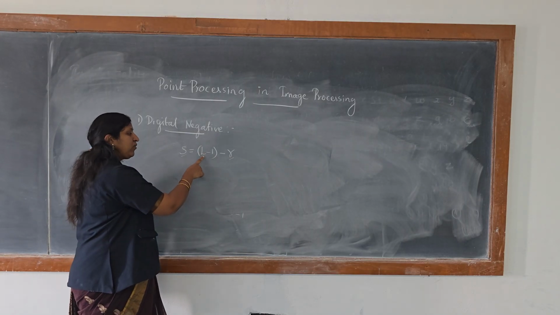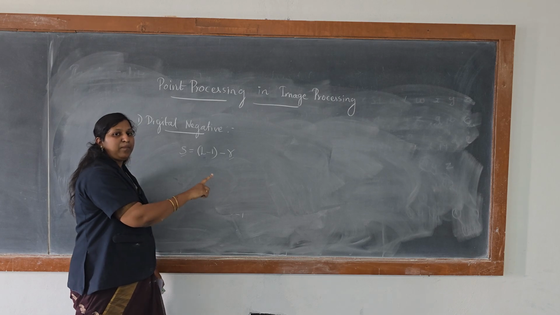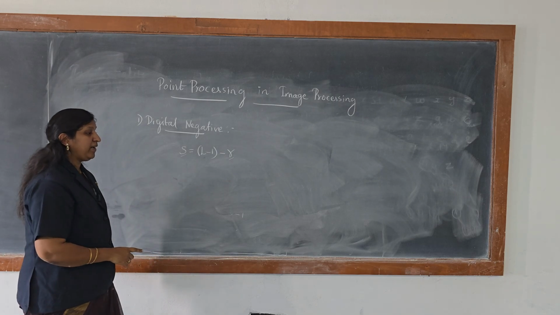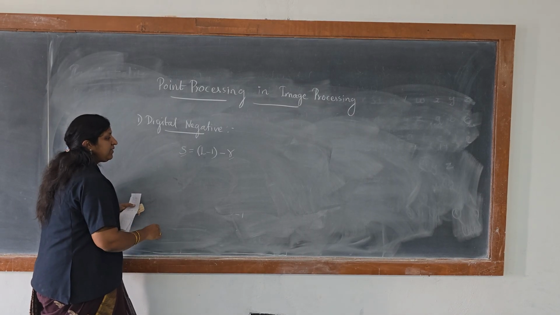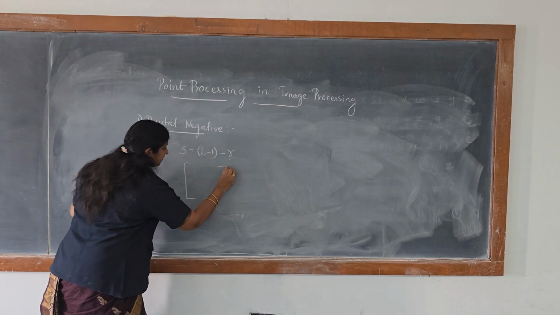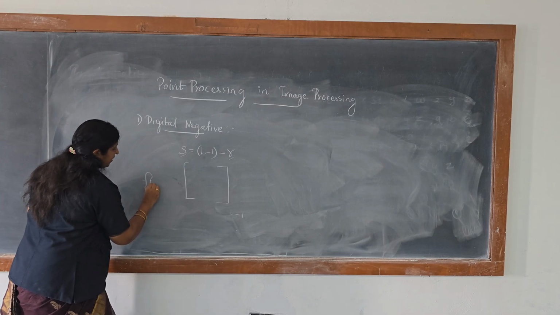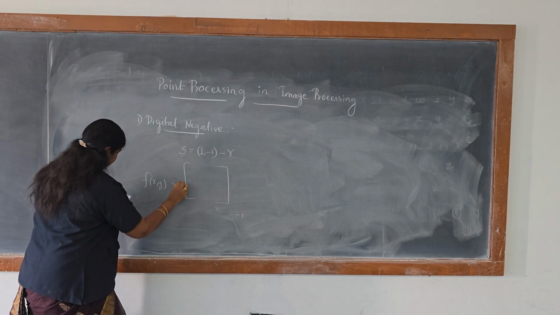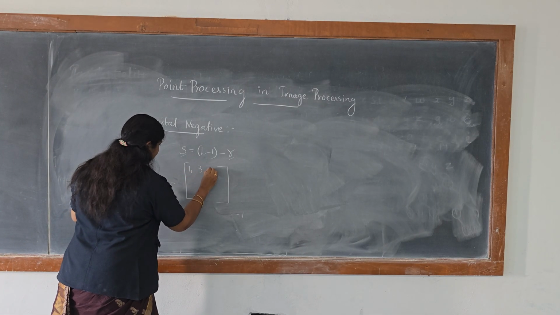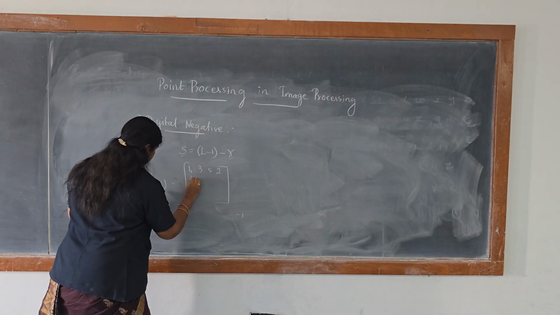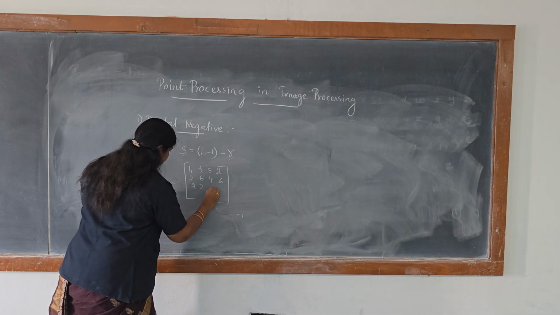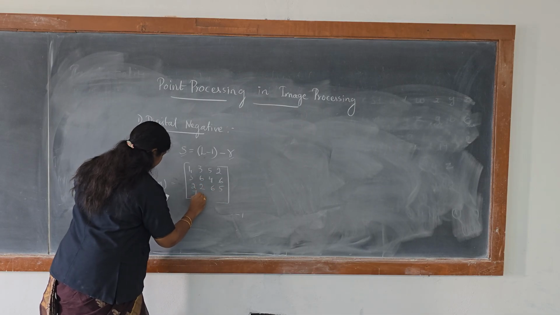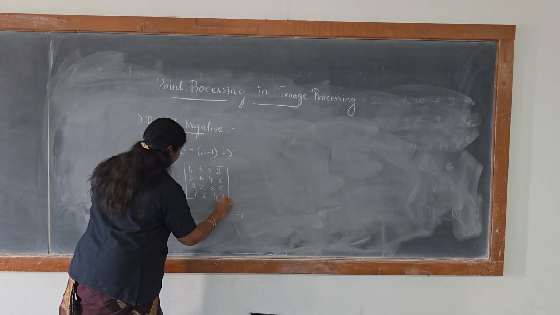We can calculate L if we know the maximum intensity value of the image matrix. Consider the same matrix again. f of x comma y: 4 3 5 2 3 6 4 6 2 2 6 5 and 7 6 4 1.